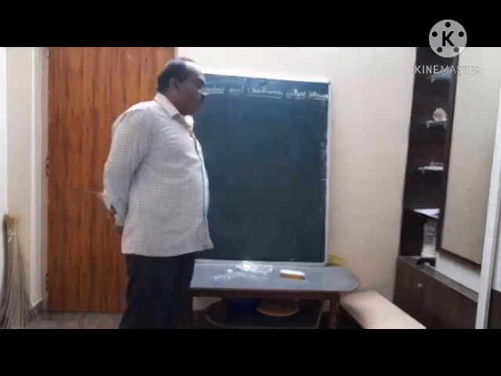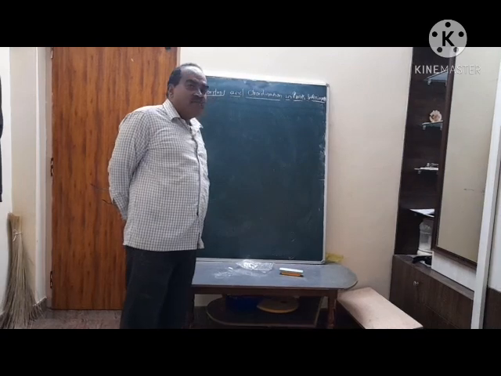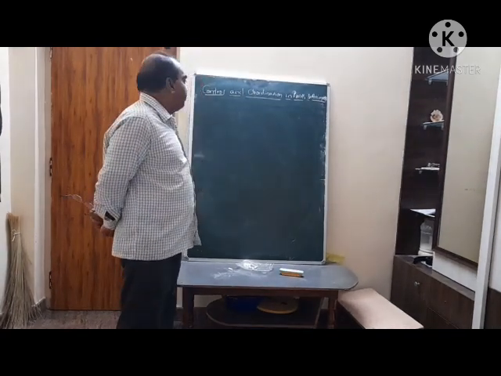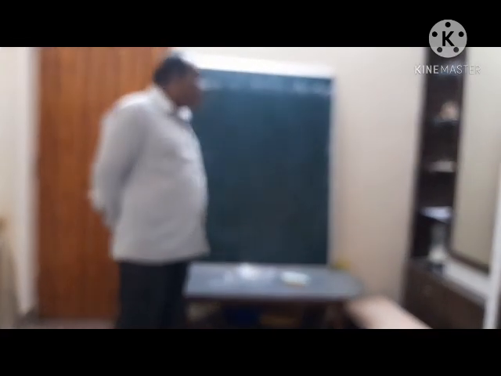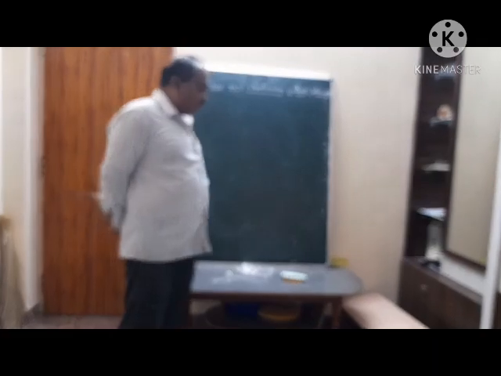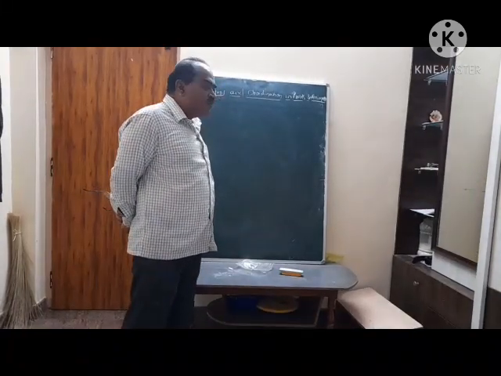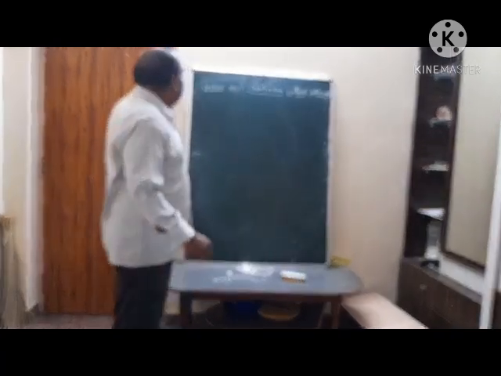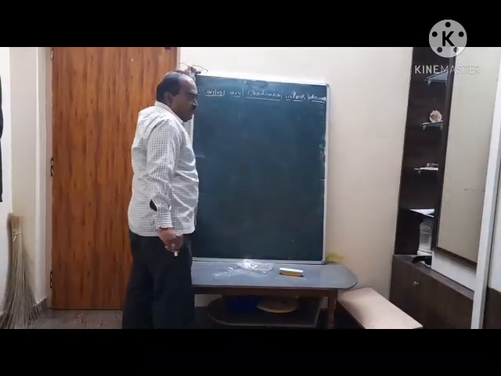We already completed the nervous system in the human nervous system. Now we are moving to the endocrine system. We know that the irritability process takes place in two ways: one is by the nervous system and another is the endocrine system.